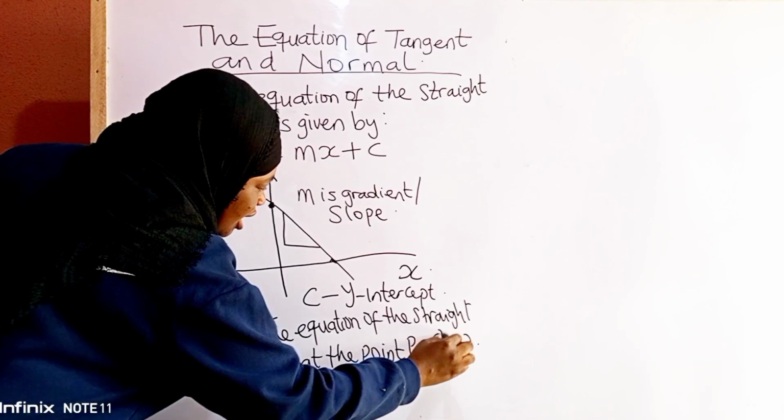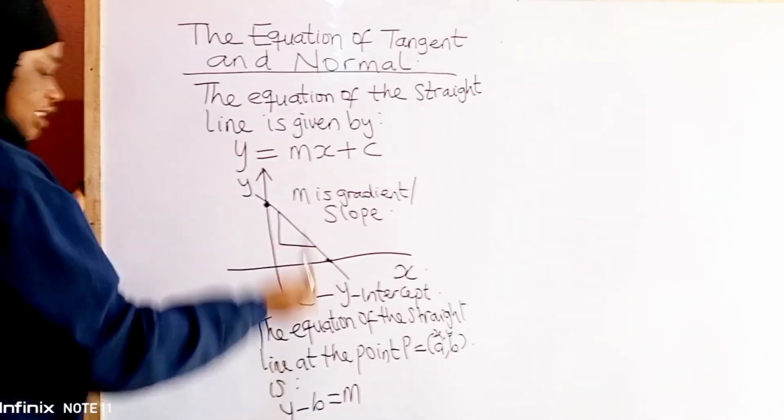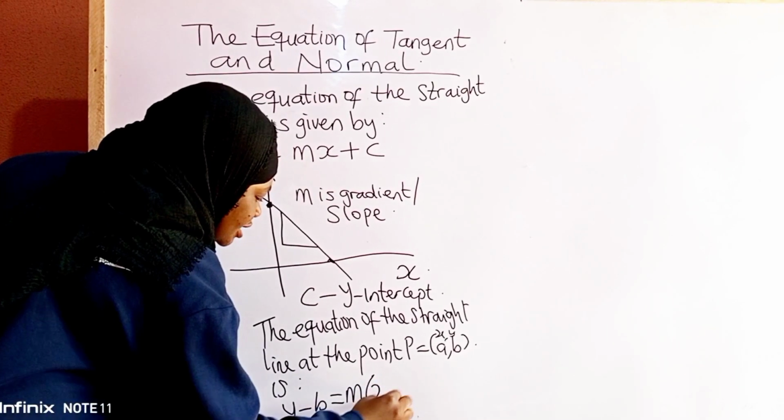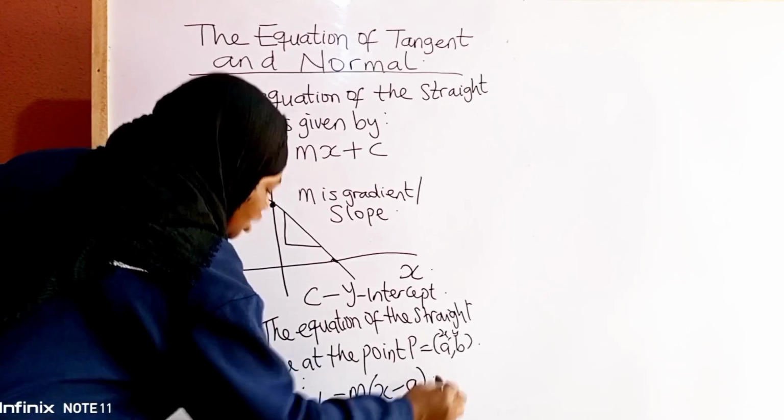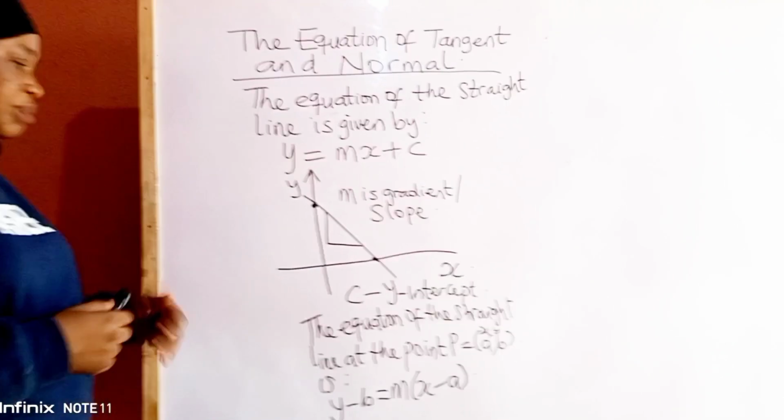This is x and this is y. So y minus b is equal to m, which is your gradient, multiplied by x minus a. That is the equation of a straight line at the point (a, b).